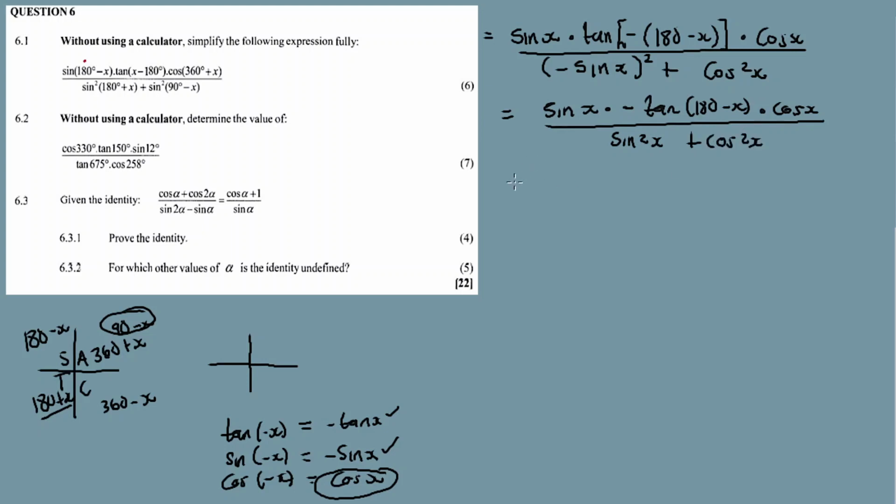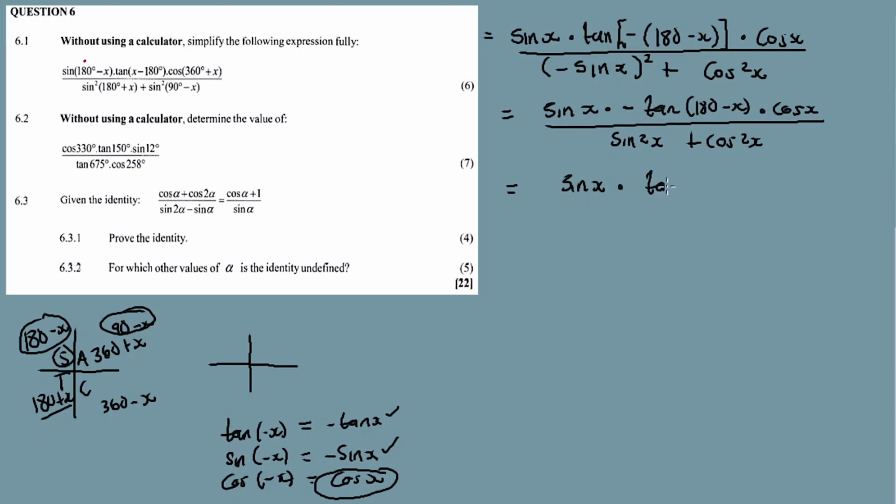squared x. This is an identity, sine squared plus cos squared is 1. So we have sine x multiplied by 180 minus x, in the second quadrant, and in the second quadrant tan is negative. Sine is the only positive one, so a negative times the negative produced by this reduction formula is a positive.